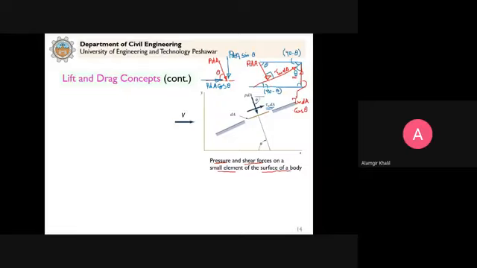And then it will have a component in this direction here. Because this component is opposite to this theta, this component will be equal to tau W, the wall shear stress, into dA. This becomes a force, and this will be equal to sine theta.